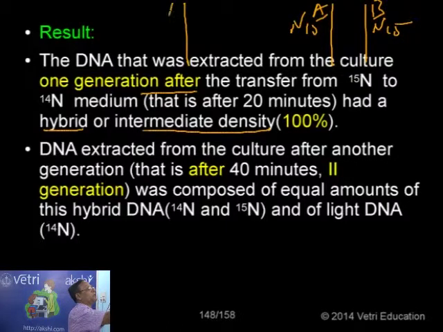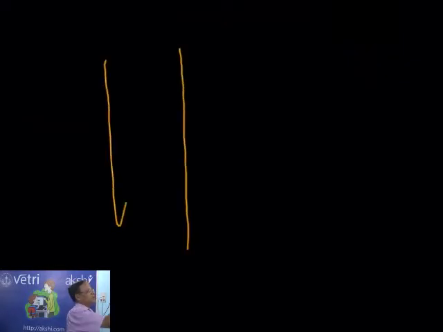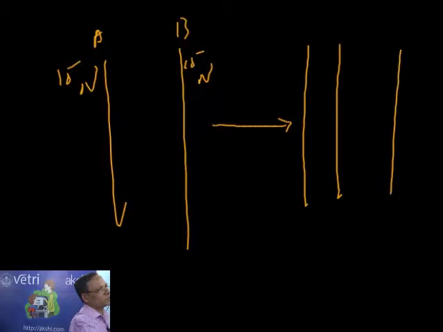The A strand and the B strand both have N15 nitrogen. After one generation after being transferred to N14, we have formed two DNA molecules. Number of DNA molecules: 2.